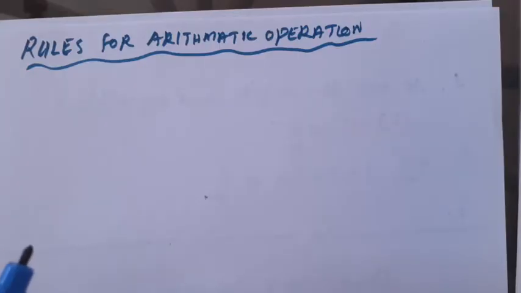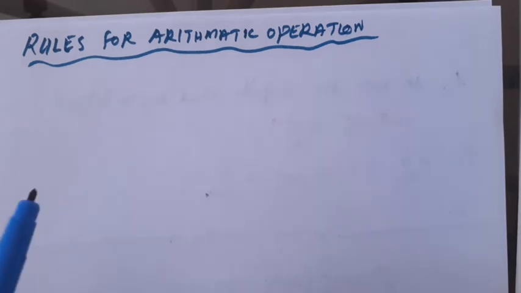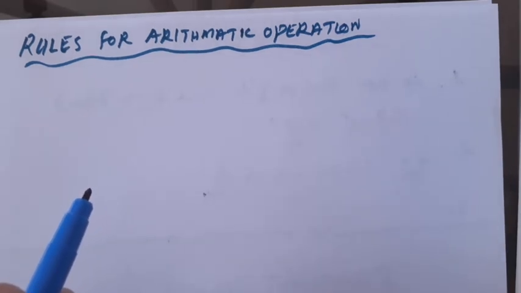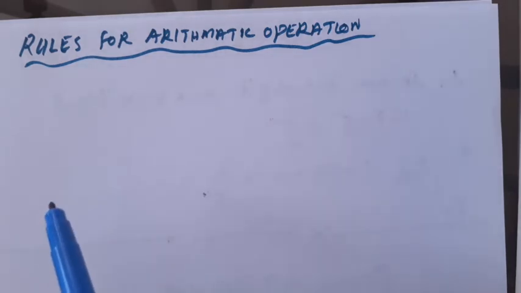Okay, now we'll go for some rules which govern the arithmetic operations, that means addition, subtraction, multiplication and division related to the significant figures. How are we going to apply significant figures for arithmetic operations?